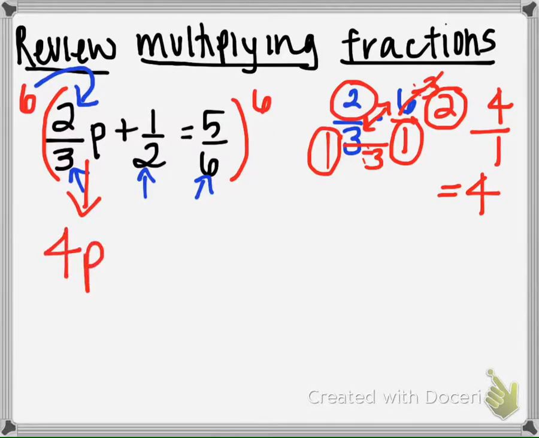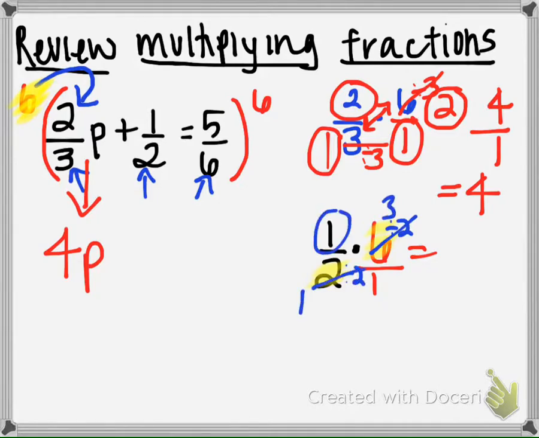To demonstrate that again, I'm going to take the 1/2 and multiply it by the 6 here. I'm going to cross simplify this 6 and this 2. I know that 2 goes into 6 3 times and 2 goes into 2 once. Then I multiply straight across and we get 3.